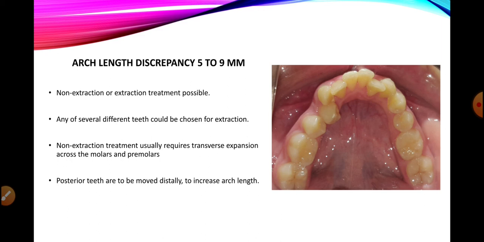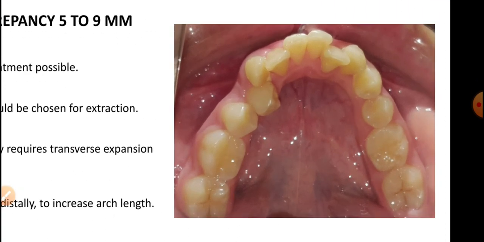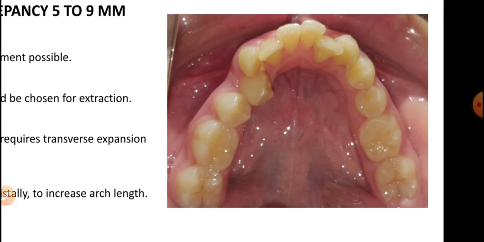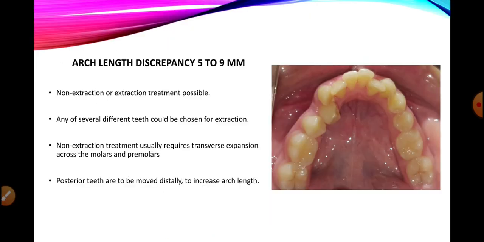In cases of non-extraction treatment of moderate crowding, that is 5 to 9 millimeters, expansion has to be done, particularly around the molars. The transverse expansion has to be done for the creation of space, or we can move the posterior teeth more distally, that is, distalize the posterior segment to create space for the anterior, to relieve the anterior crowding. So moderate crowding can be treated with extraction or non-extraction.